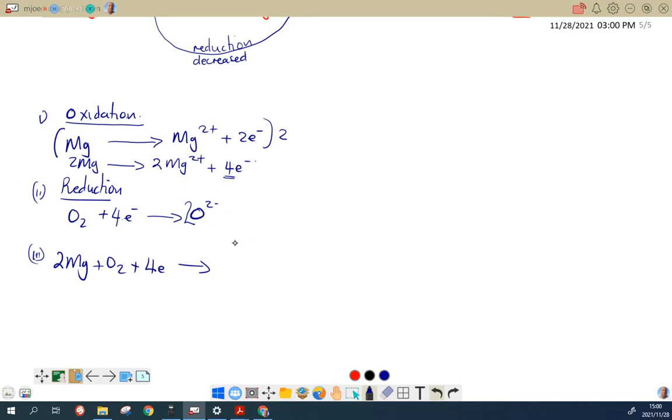How many products do we have? We've got 2 Mg2+, plus 4 electrons, and then plus 2 oxides that were given.